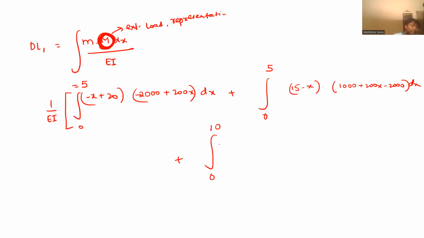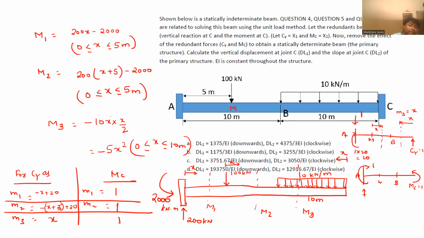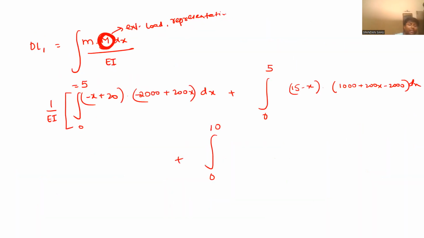From the opposite direction, 5x minus 5x square. So from here, once you do it, you will get minus 193750 by EI.